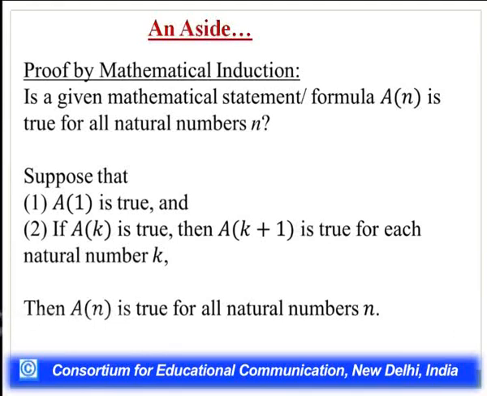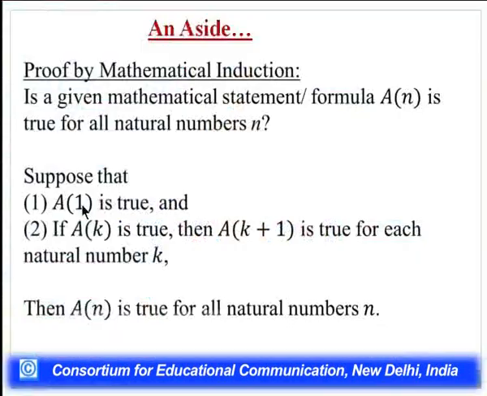And if our procedure passes both these checks, for n equal to 1 and the statement being true for k implying that it is true for n equal to k plus 1, then we say that the statement is true for all natural numbers n.